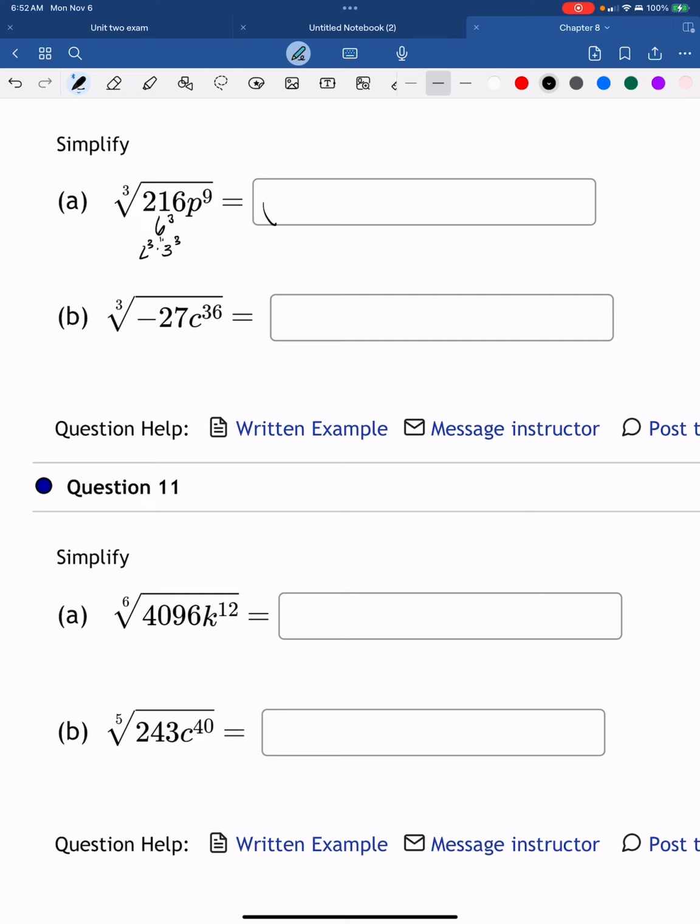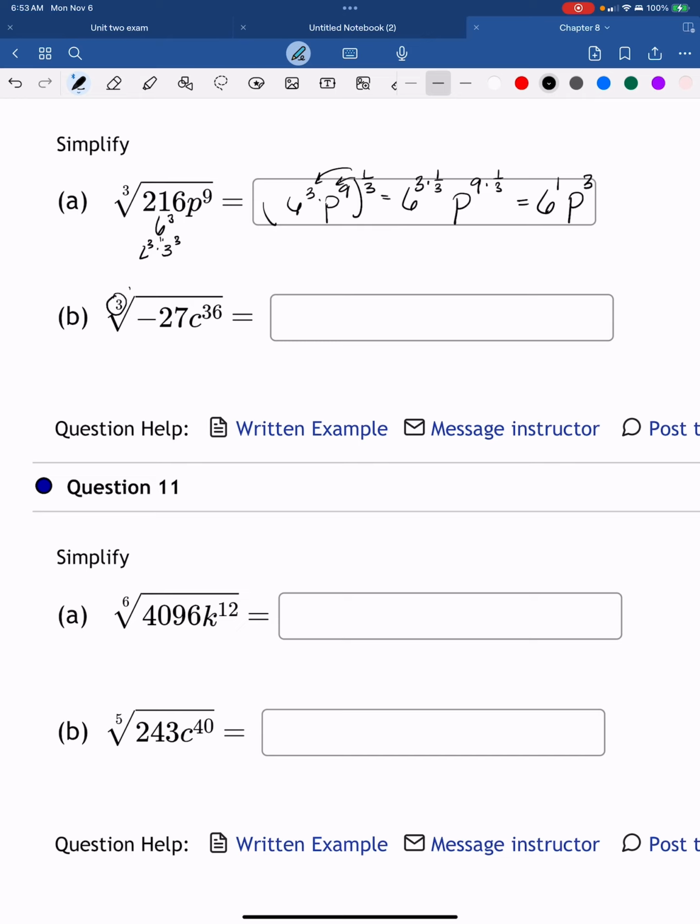So I have this 6 cubed P to the 9th to the 1/3. And I'll distribute that 1/3. So I have 6 to the 3rd times 1/3 and P to the 9th times 1/3. So I get 6 to the 1, P to the 3.